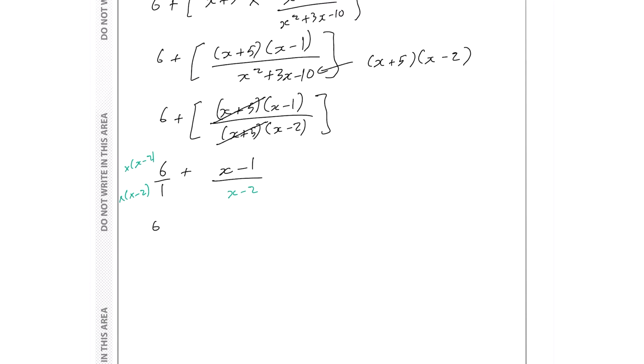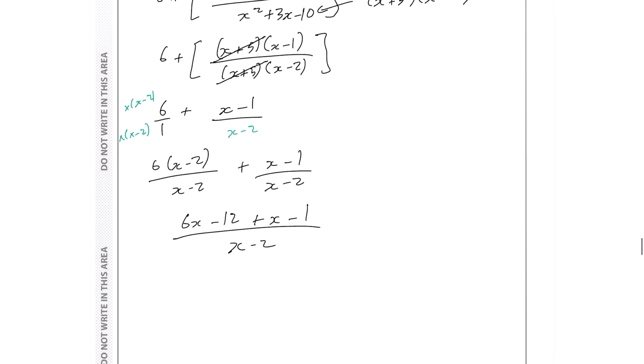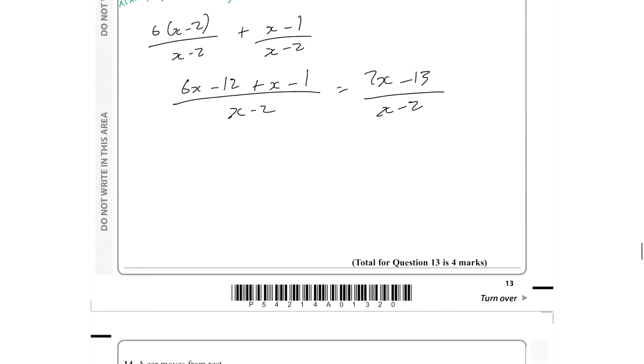And then that becomes 6(x minus 2) over (x minus 2) plus (x plus minus 1) all over x minus 2, and that is 6x minus 12 plus x minus 1 all over x minus 2. And if you collect all the like terms together, that will give you 7x minus 13 over x minus 2.